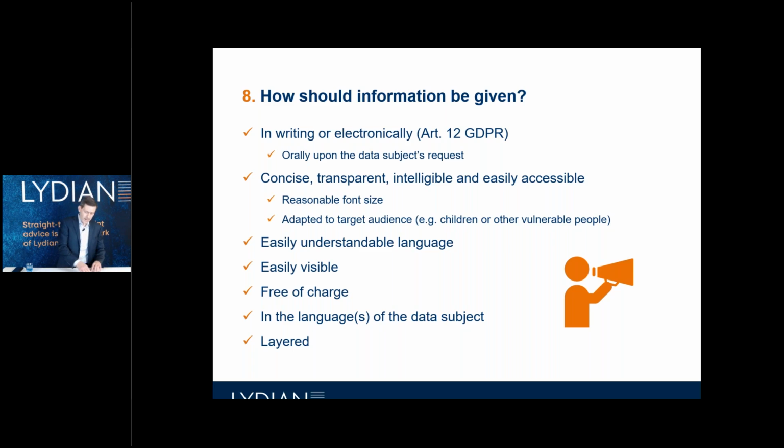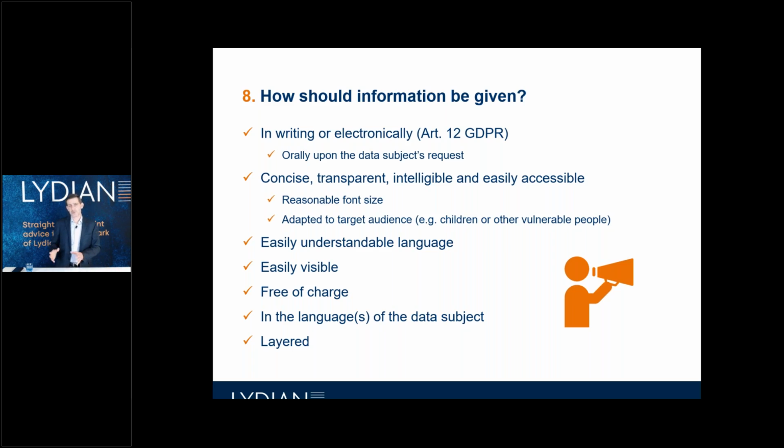And again, I refer there to the Jubel decision, where one of the criticisms of the Data Protection Authority was that the information was only partly available in English, or not in all languages of the website. So if you're operating a website in 4 languages, make sure that your fair processing notice is also in 4 languages.